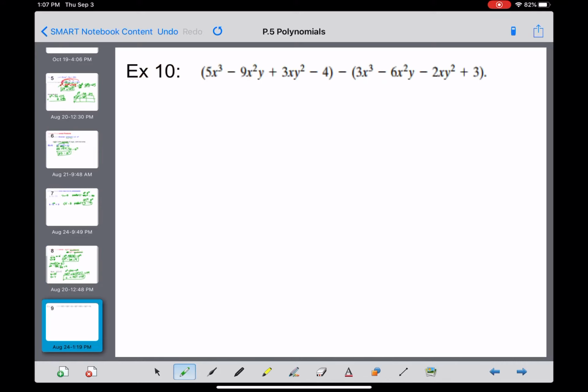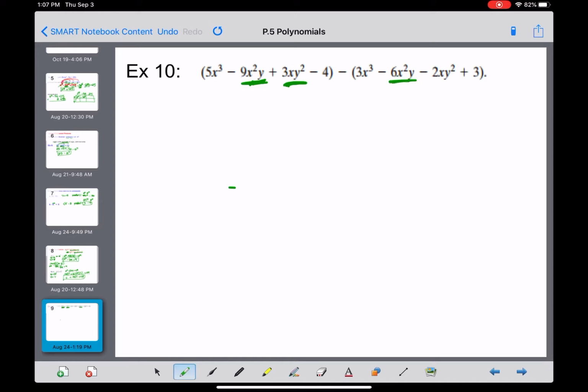And our last example is when we have a term with 2 variables in it. Notice that this term is not like this term. When we're combining like terms, we want to make sure they have the same exact variables in them.